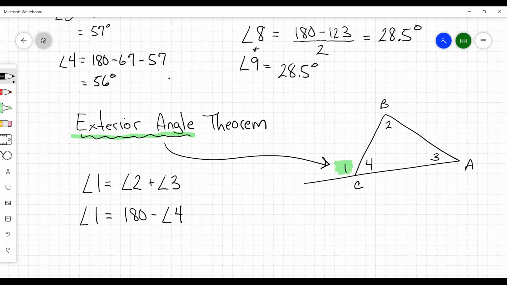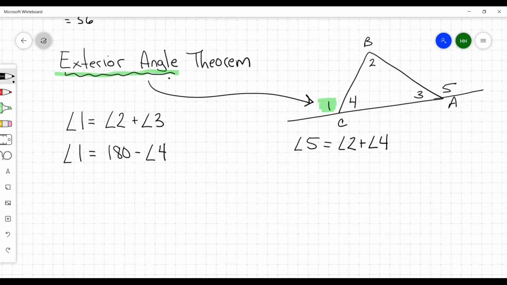If we extend this side over here, right out there, and make this angle 5, angle 5 would be equal to angle 2 plus angle 4. And angle 5 is also equal to 180 minus what? Good, angle 3.